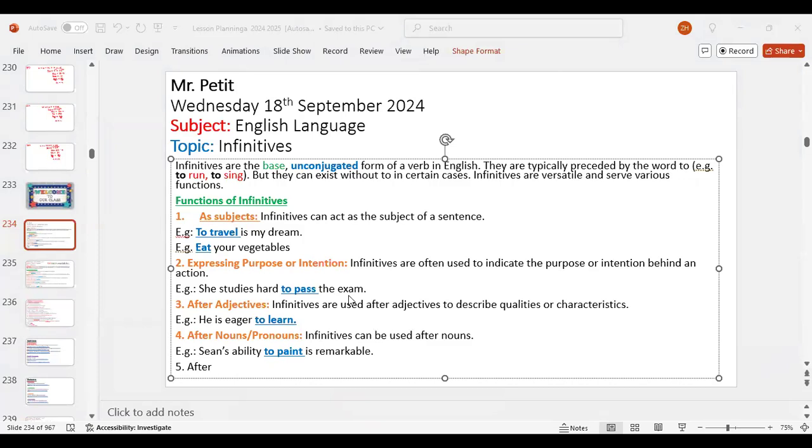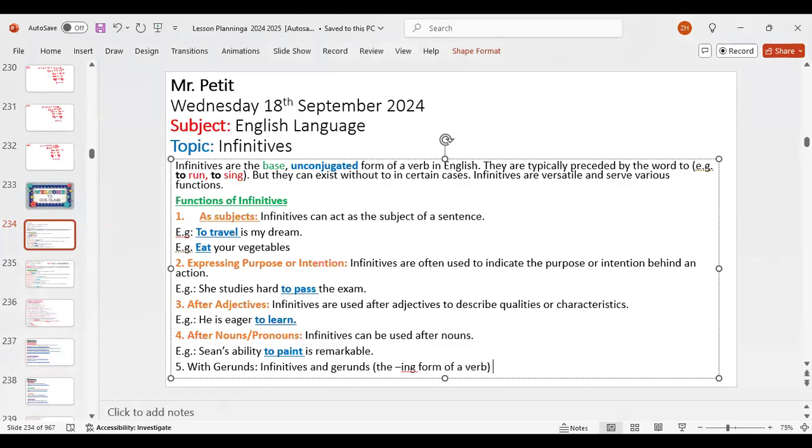So it could be used with gerunds, but typically before them. Exactly right. So infinitives, we probably have to do a class on infinitives and gerunds. And gerunds are basically the ing form of a verb.